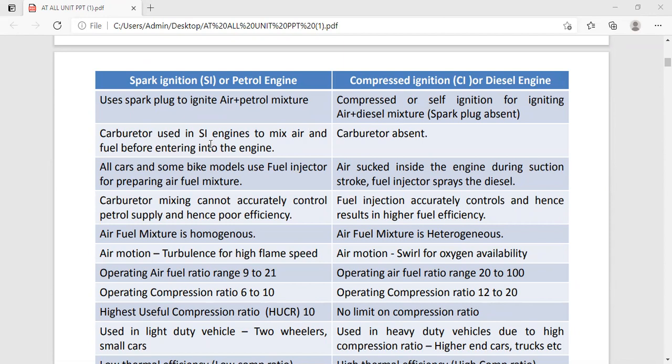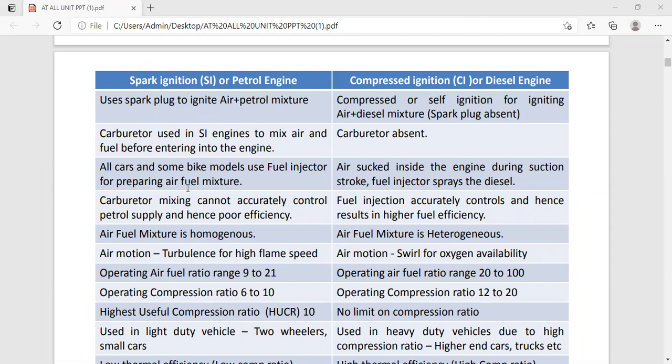Now, second differentiation: in the SI engine, we use a carburetor to mix the air and the fuel before it enters the engine. The proper air fuel mixture is prepared inside the carburetor, and after that we introduce that charge into the engine. In the CI engine, the carburetor is absent.